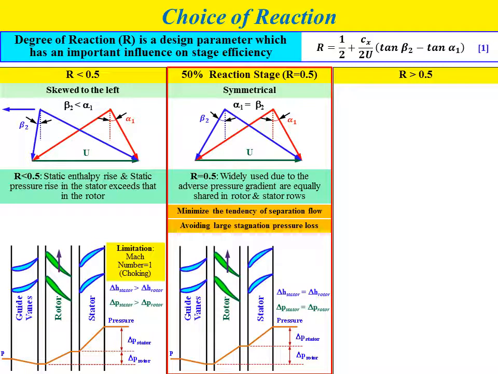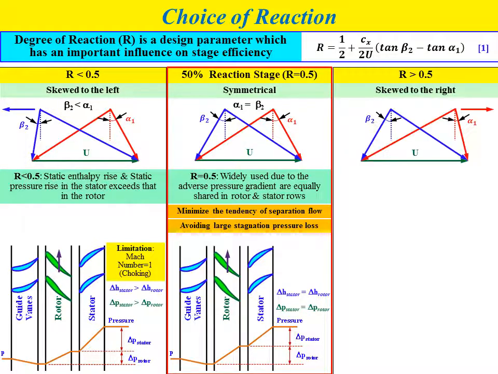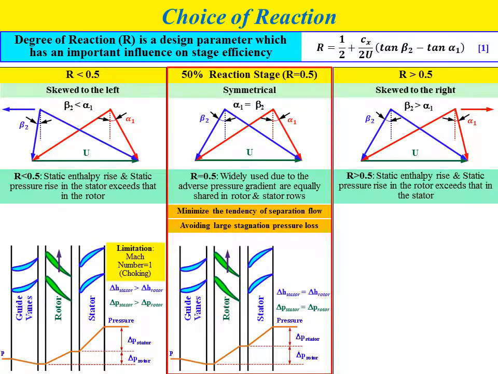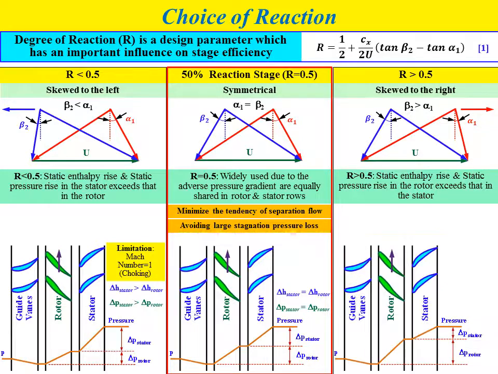Okay, so the third category is for R higher than 0.5. In terms of velocity diagram, the features will be skewed to the right, and the beta 2 value will be higher than the alpha 1 value. For R higher than 0.5, the static enthalpy rise and also static pressure rise in the rotor will exceed that in the stator.